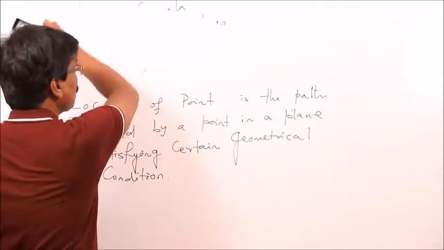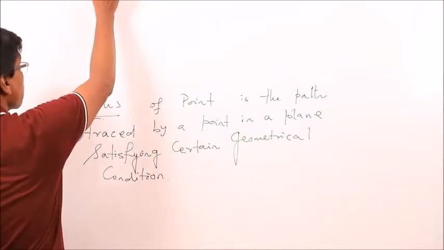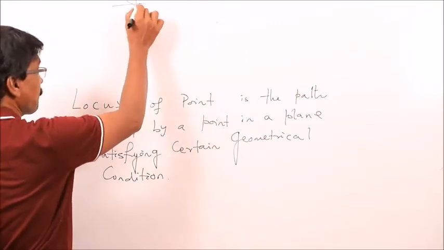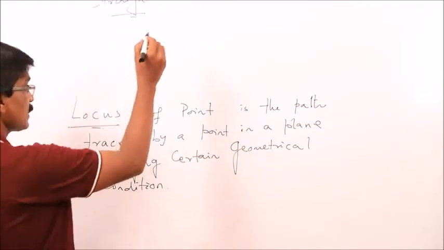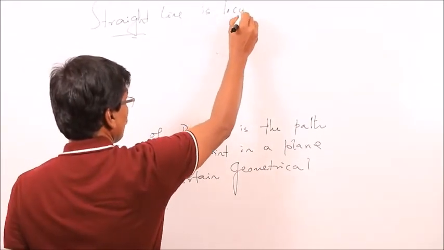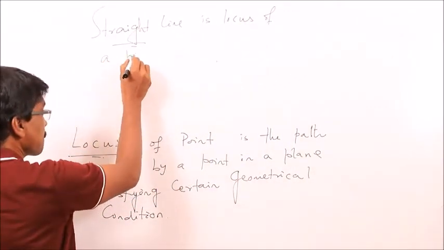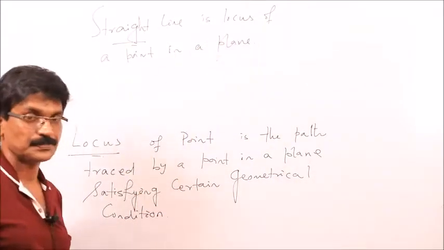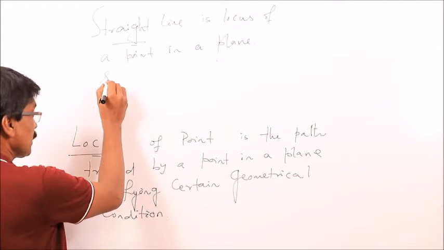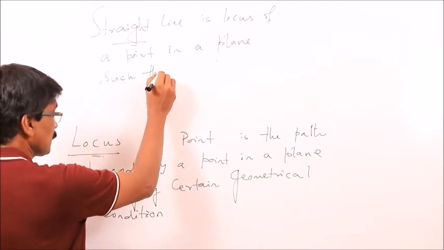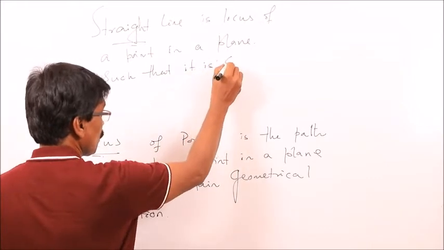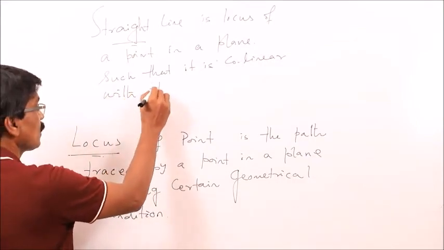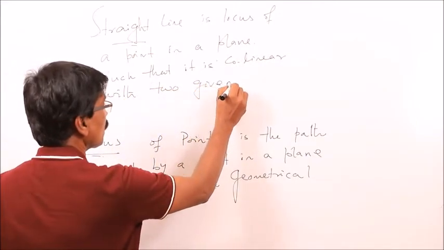So first we will discuss the straight line. A straight line is the locus of a point in a plane such that it is collinear with two given points.